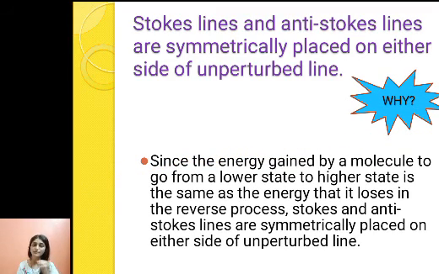The energy gained by a molecule to go from a lower to a higher state is delta E, and the energy lost by a molecule to come from the excited state to the ground state is also delta E. So the same energy is involved, and that is how Stokes and anti-Stokes lines are symmetrically placed on either side of the unperturbed line. Unperturbed line, unmodified line, parent line, they all mean the same thing.